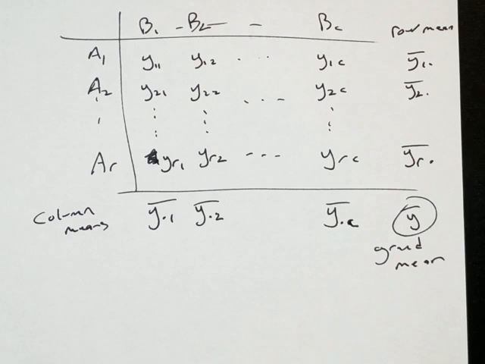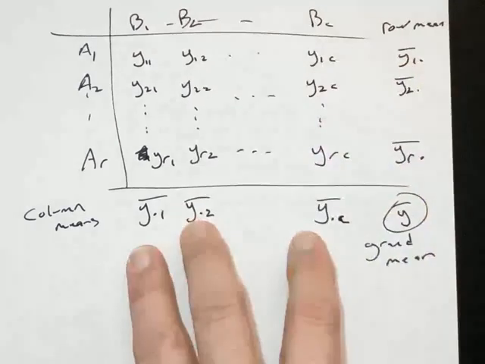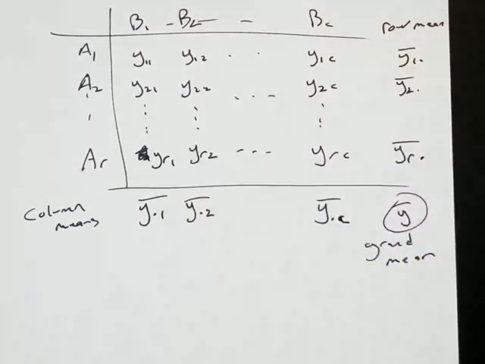My null hypothesis should be A doesn't make a difference. B doesn't make a difference. There's no difference between the rows. There's no difference between the columns. These are unaffected by which row we are in. These are unaffected by which column we are in. That's my null hypothesis. Status quo, everything's hunky-dory, everything's equal.